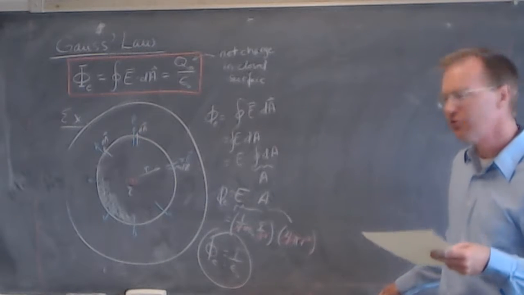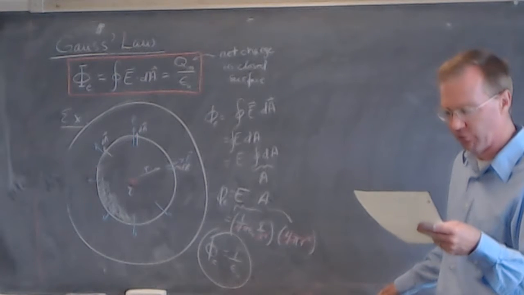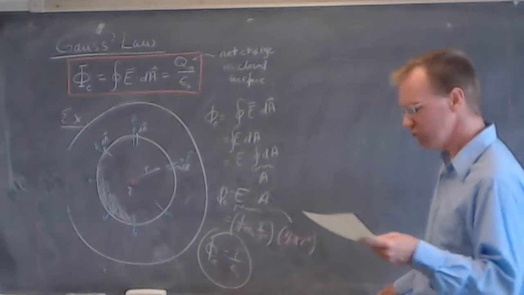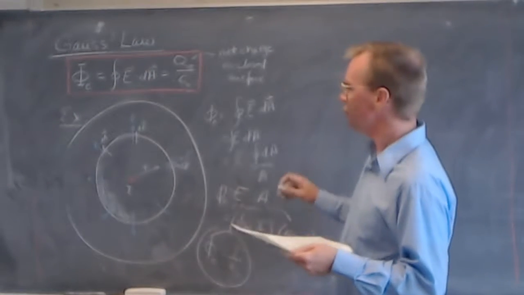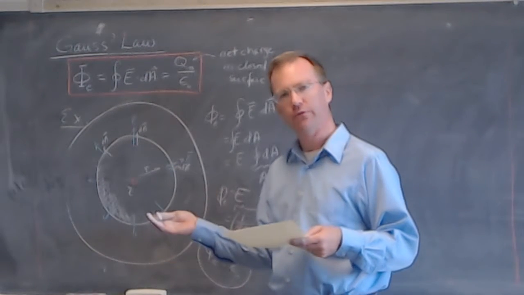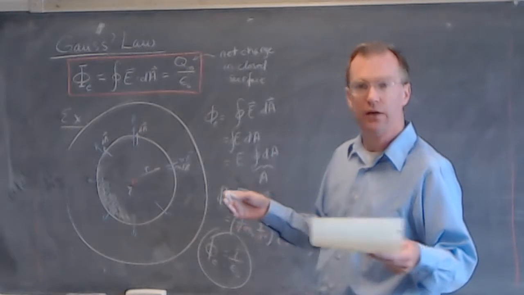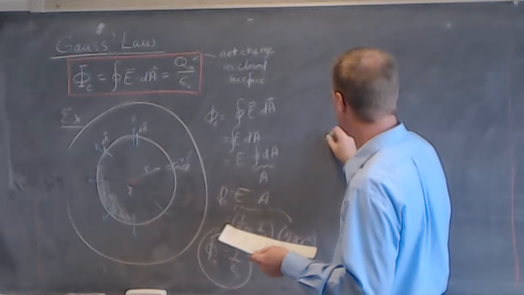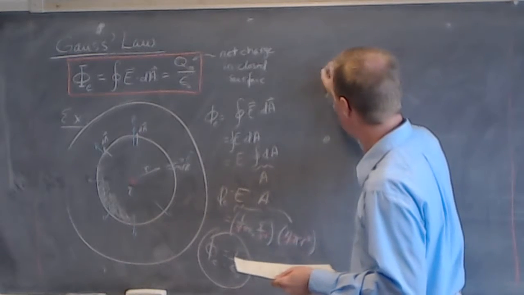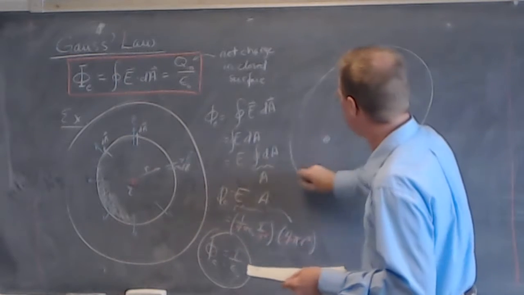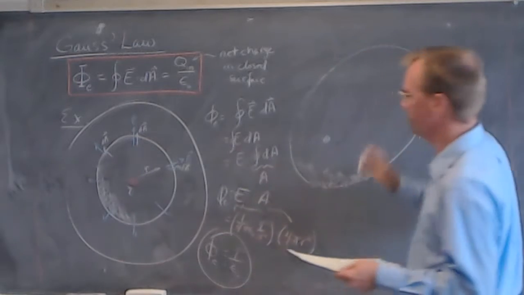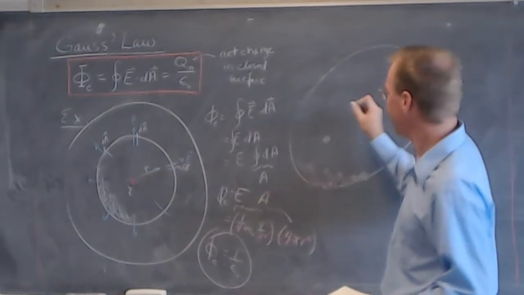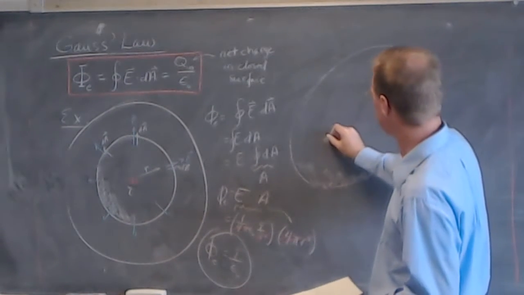What if I didn't center the sphere on the charge? What I could do is I could break this enclosing surface into any other shape I wanted to, where the shape could be, there's my charge. If I want to do it in some big kind of an oval like this, each section of this oval, I'll take this as a cross section.